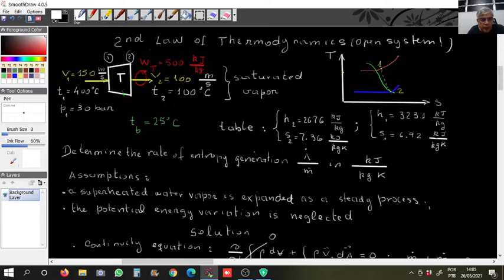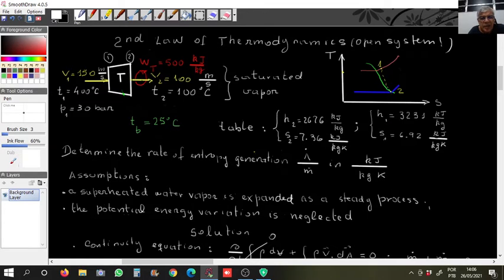Here the flow, the superheated water vapor, enters the inlet of this turbine at the mean velocity V1 of 150 meters per second, temperature 400 Celsius, and pressure 30 bar. This superheated vapor is expanded in the turbine, in which the fluid loses energy.